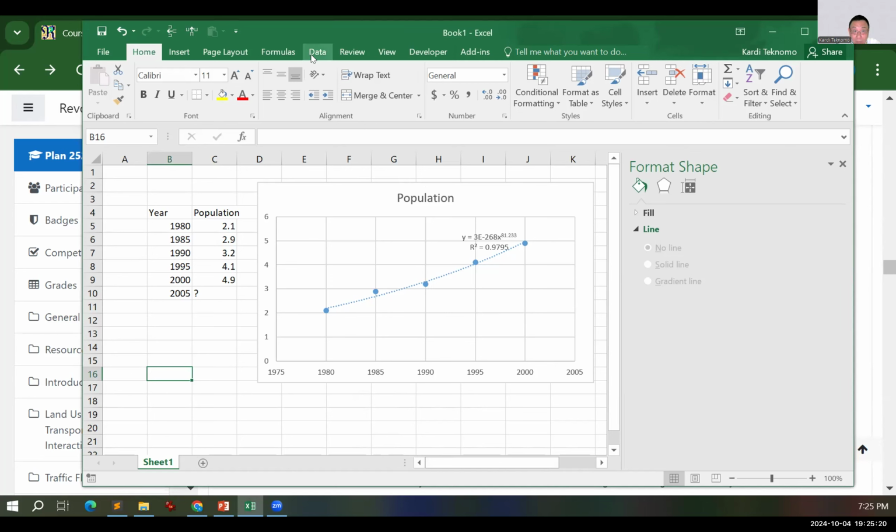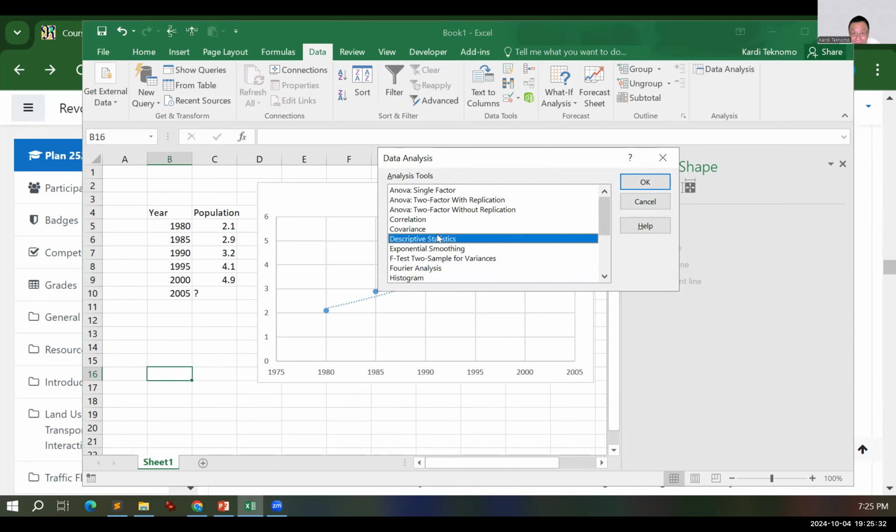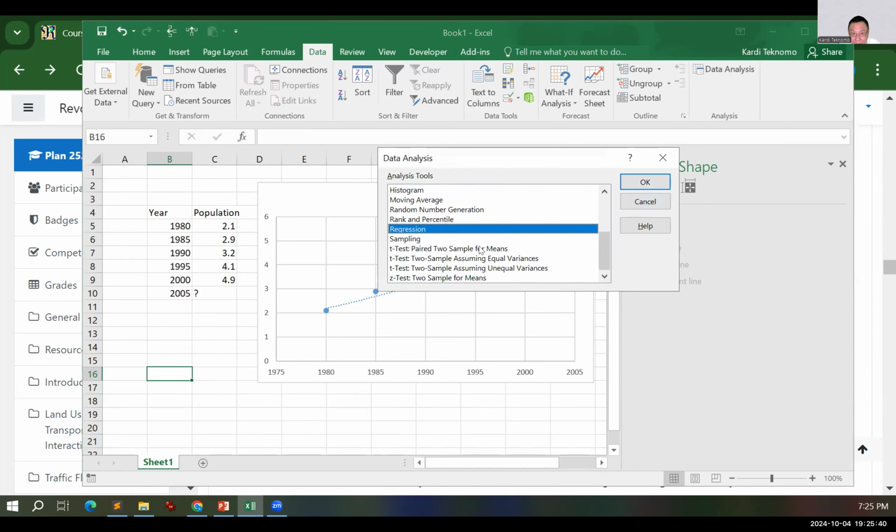Then, if you have the analysis toolbar, you will see data analysis here. Then you can do regression. There is a lot of analysis here: you can do ANOVA, correlation, and so on. You just choose regression here.